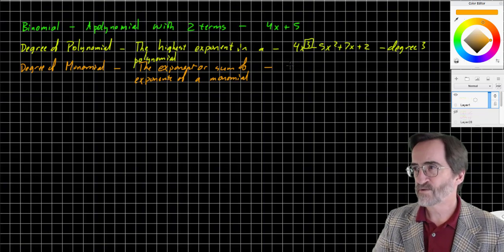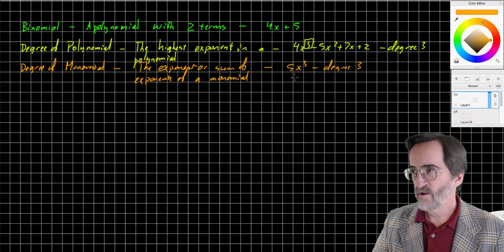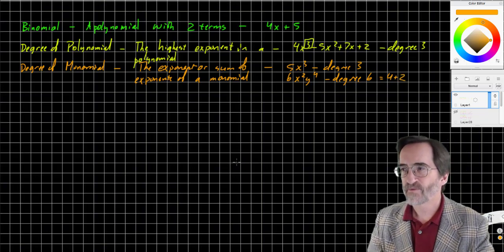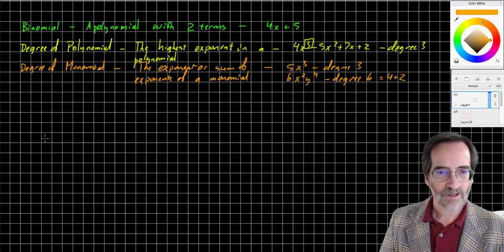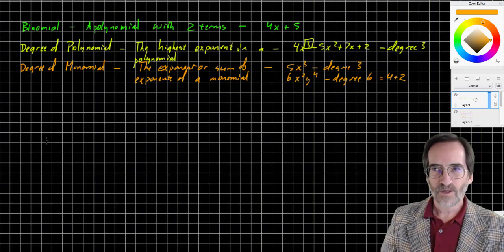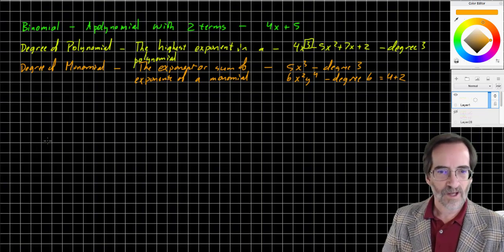Couple of examples. 5x to the third has degree 3. 6x squared y to the fourth has degree 6, because it's 4 plus 2. And I actually got those out of order.